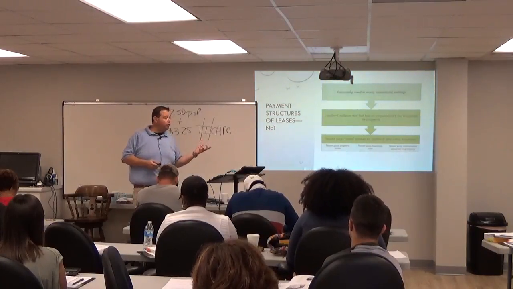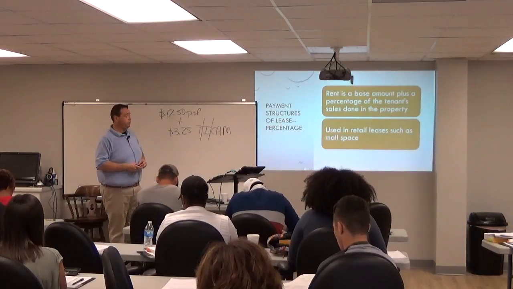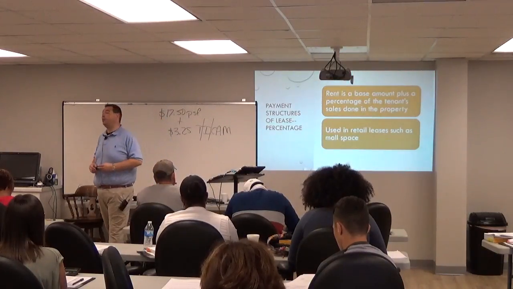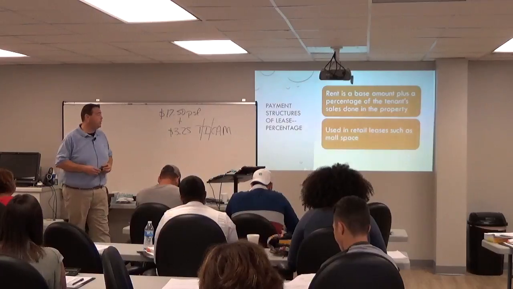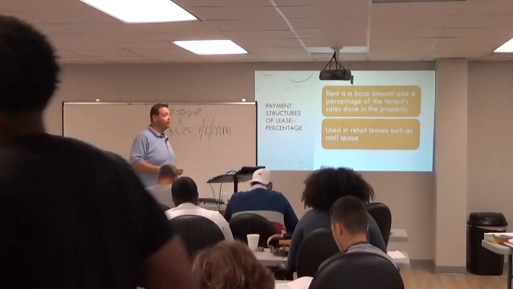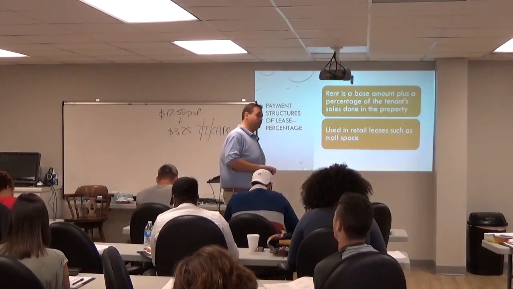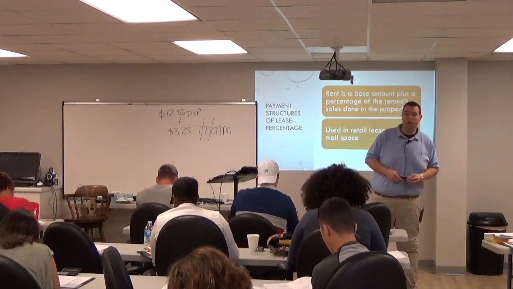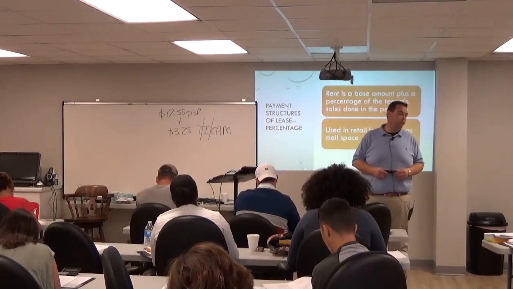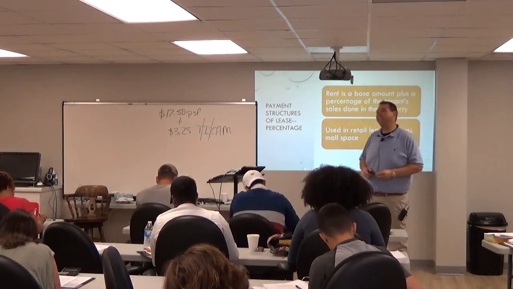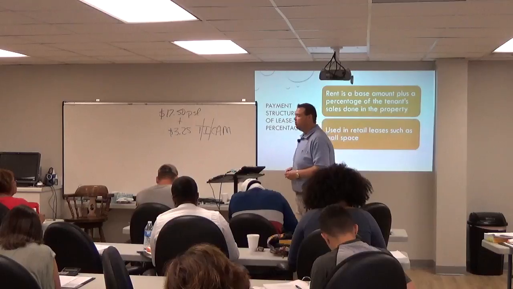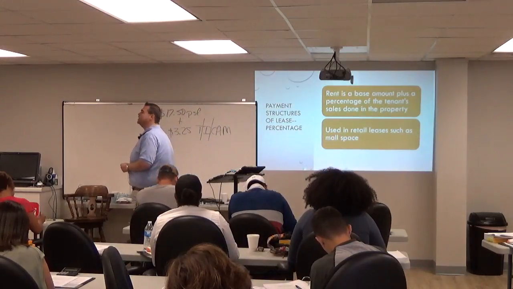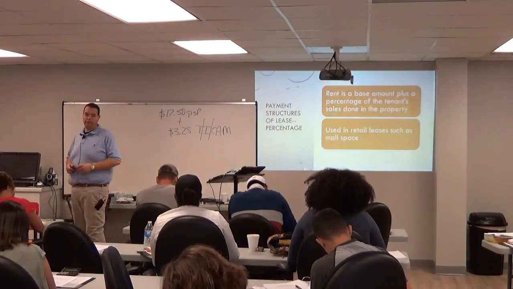Now, other types of commercial leases that are less common. The percentage lease, or sometimes just called a retail lease. Retail and percentage mean the exact same thing for lease structures. These leases fluctuate wildly from month to month because the lease amount is based on a percentage of the sales that the tenant does in the property.